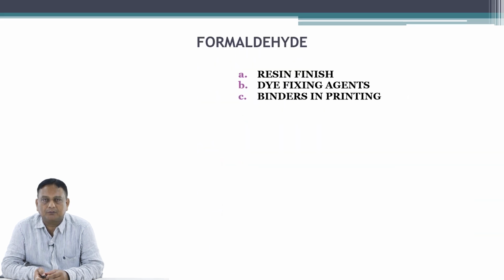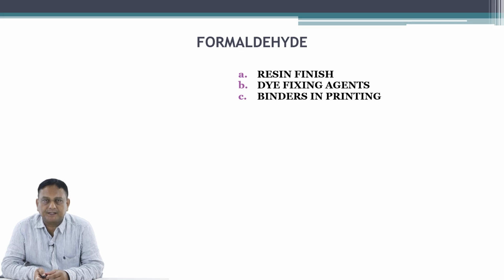So we have to be careful while selecting phthalate. Now formaldehyde is another important area of discussion, and this is also a restricted substance which can be found in resin. Textile items are normally finished with resin to impart various properties. One of them is crease resistant properties.